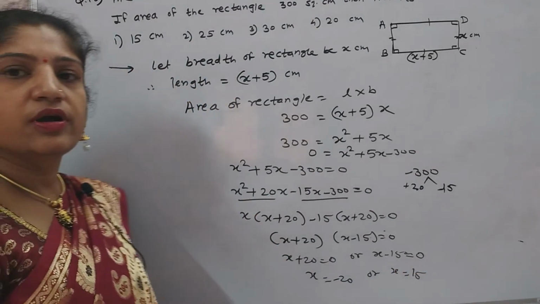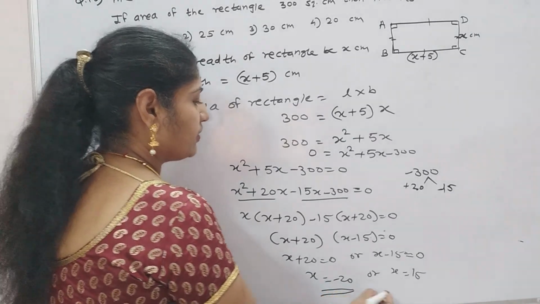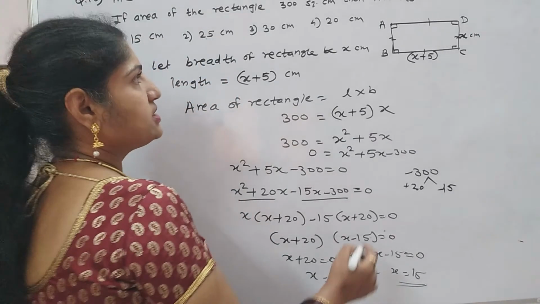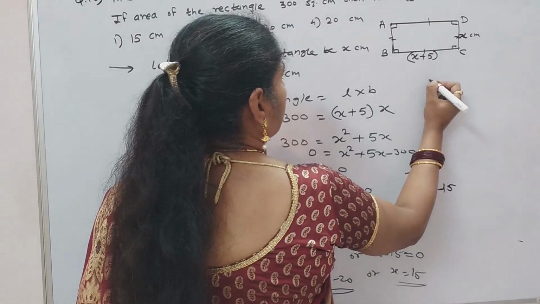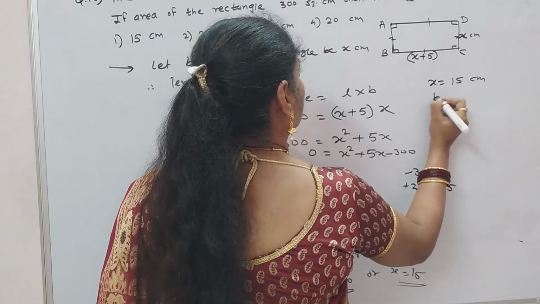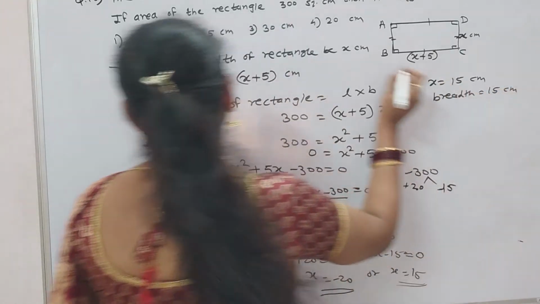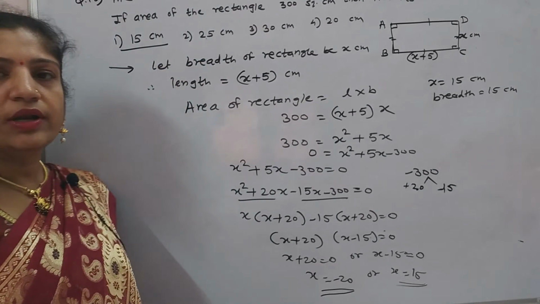Length is never negative, so this is not taken. X equal to 15. So our answer is breadth equal to 15 centimeter. So our answer is option number 1.